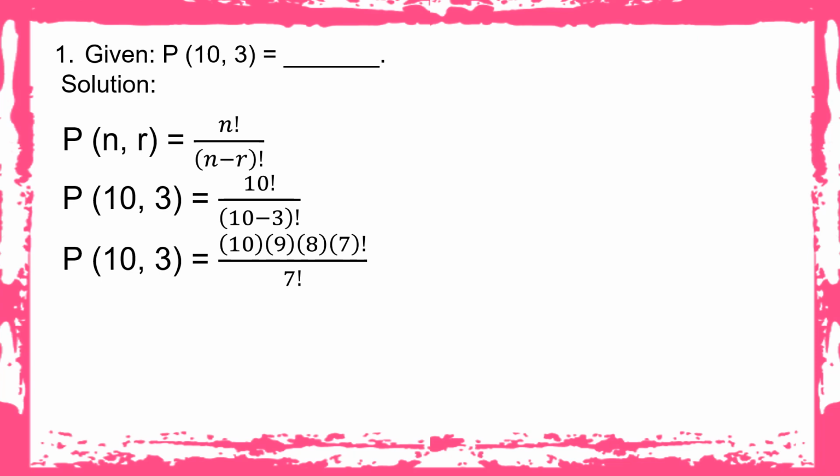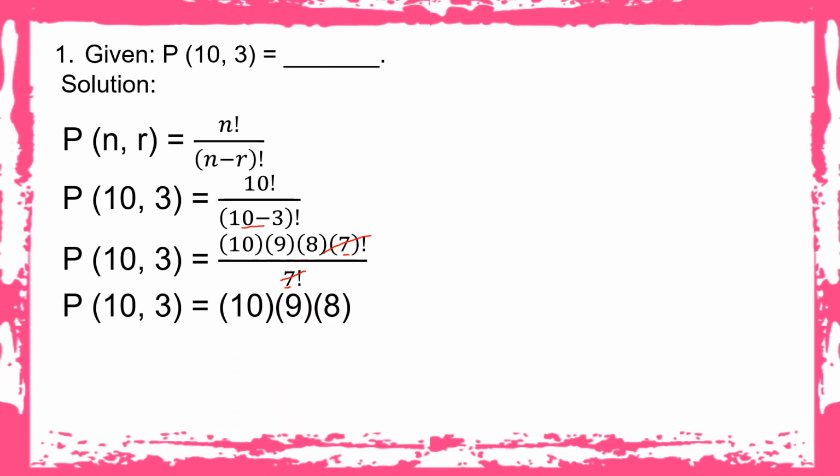And if we are going to simplify the 10 factorial, we have here 10 times 9 times 8 times 7 factorial. I end up with the 7 factorial because in our denominator we have 7 factorial. And this is division, so we can cancel here the 7 factorial in our numerator and 7 factorial in our denominator.